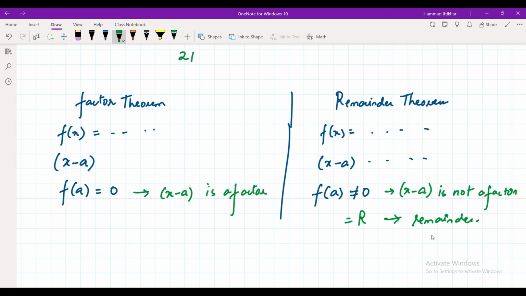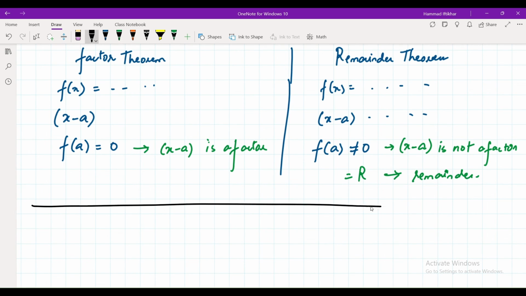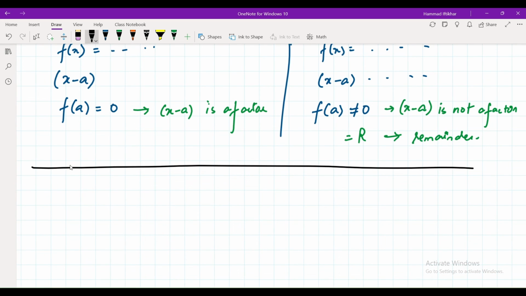Now, let's use this and redo the same 3 questions, but with knowing this now. So let's try out. We had the expression x cubed plus 10x squared plus 25x plus 4.